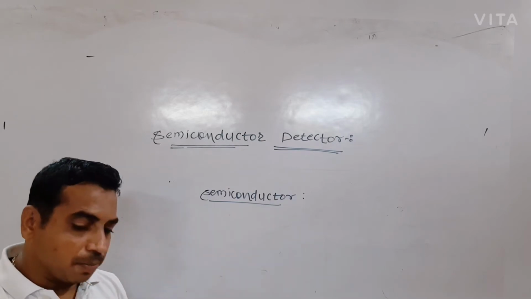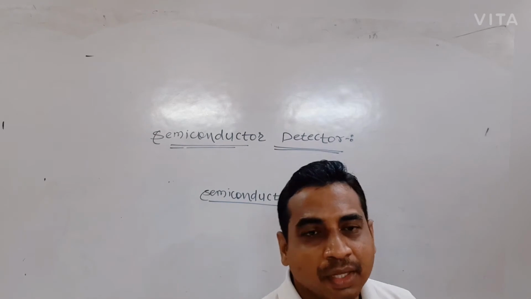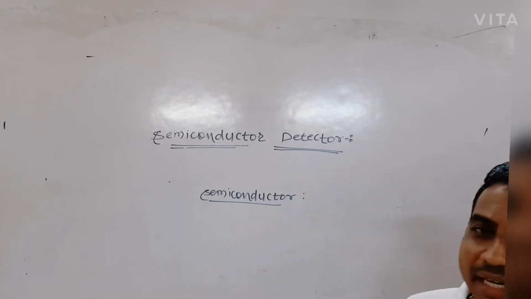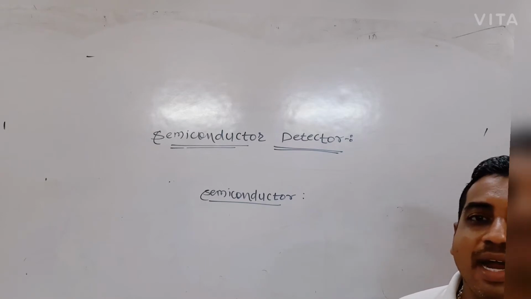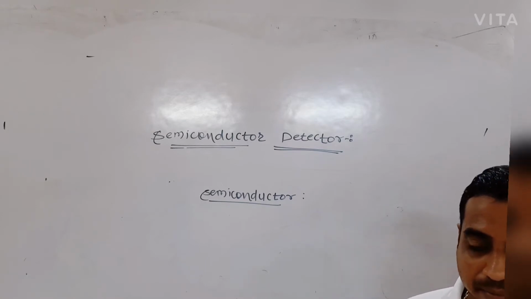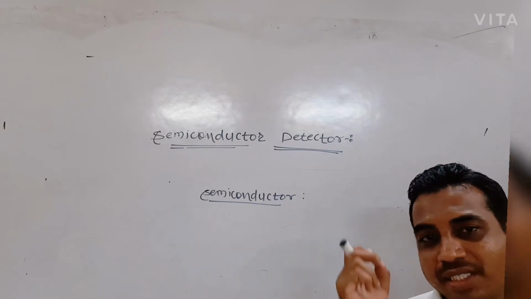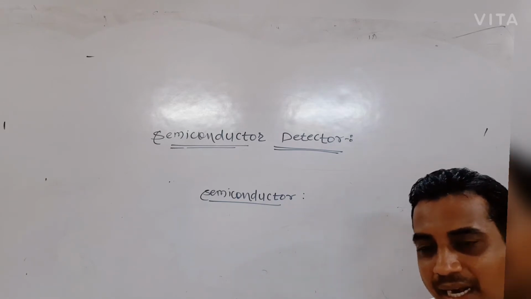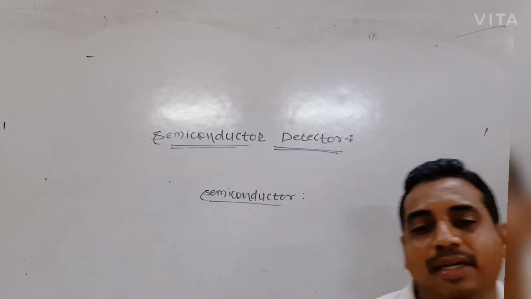Now, first of all, I want to introduce the definition of a semiconductor. The electrical conductivity which lies between the conductor and insulator is called a semiconductor.